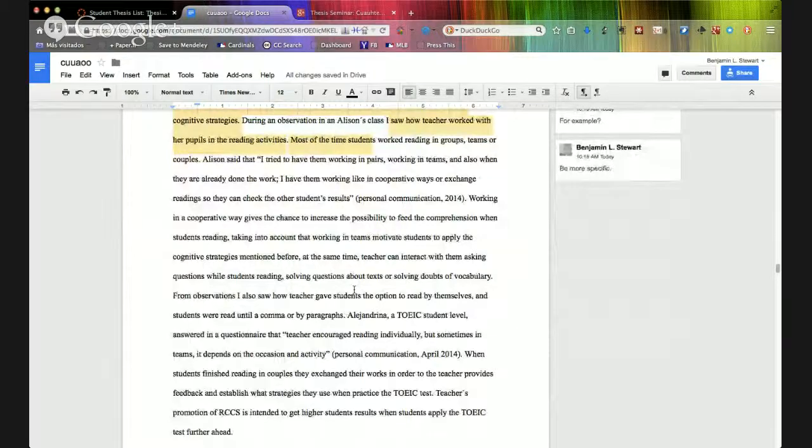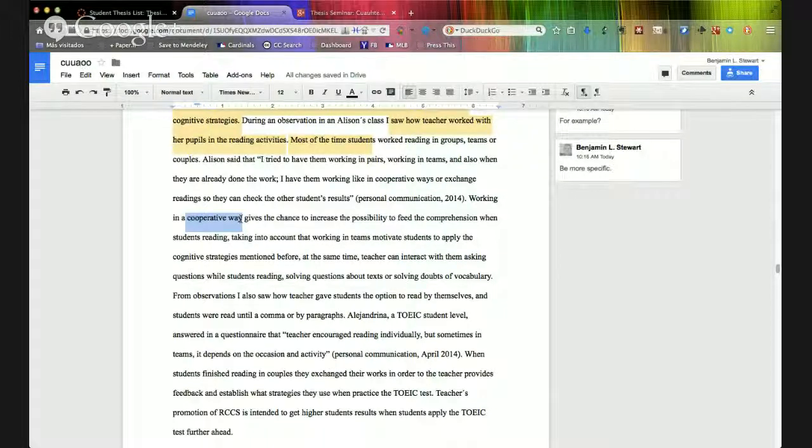And I don't see that you're using the word reciprocal. You use the word cooperative, even exchange readings, cooperative, but you don't use the word reciprocal. We have to be careful with the words here.